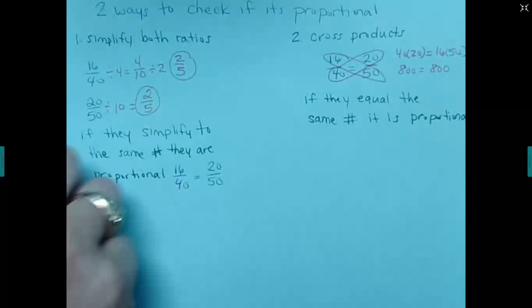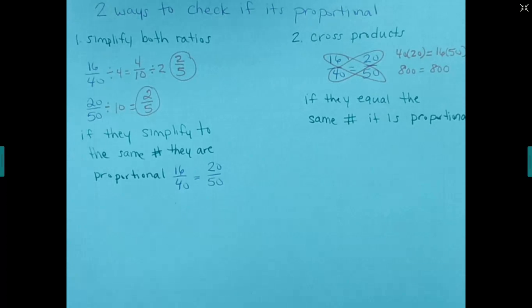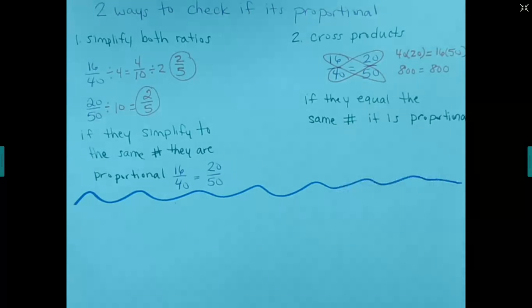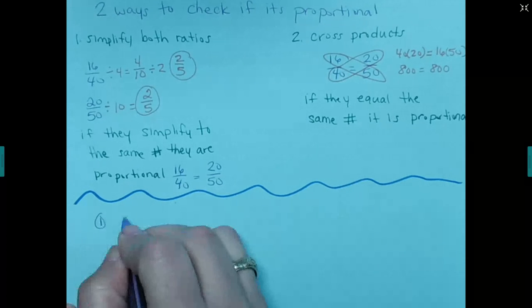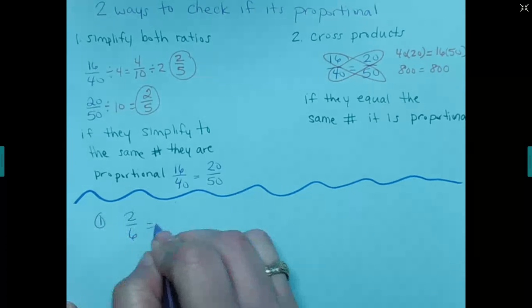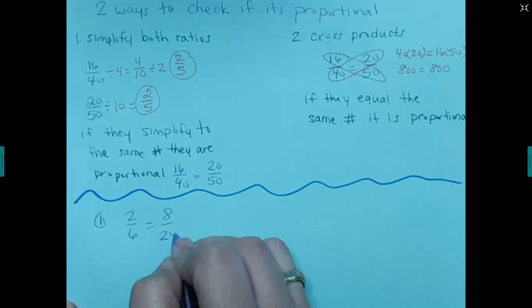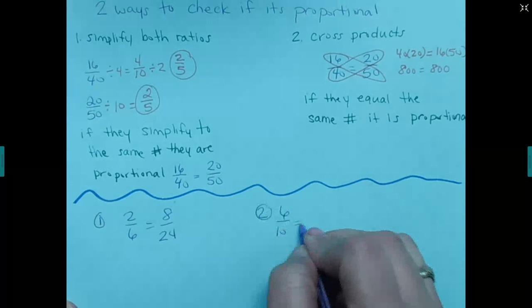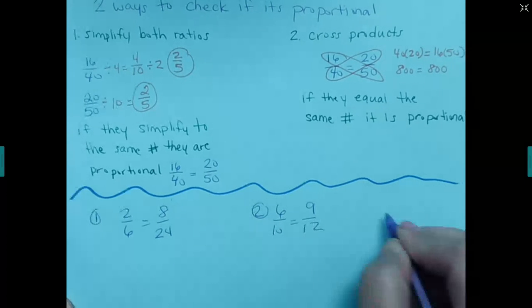So I'm going to give you 3 problems. And then in the chat, you're going to either put yes or no if they're proportional. So the first one is 2/6 over 8/24. The second one, 6/10 over 9/12.